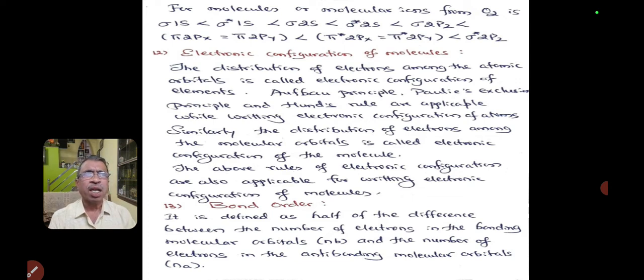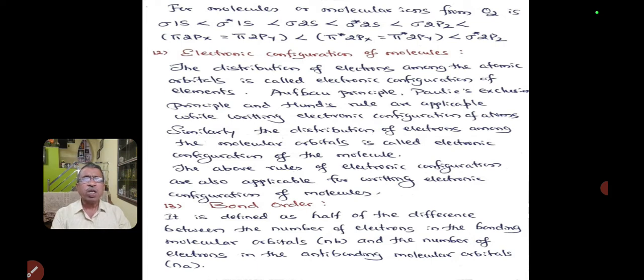The increasing order is sigma 1s, sigma star 1s, sigma 2s, sigma star 2s, sigma 2pz, then pi 2px equal to pi 2py, then pi star 2px equal to pi star 2py, and finally sigma star 2pz molecular orbitals.